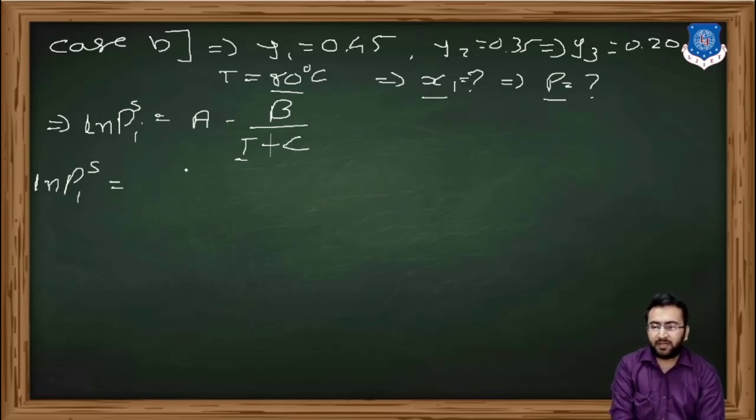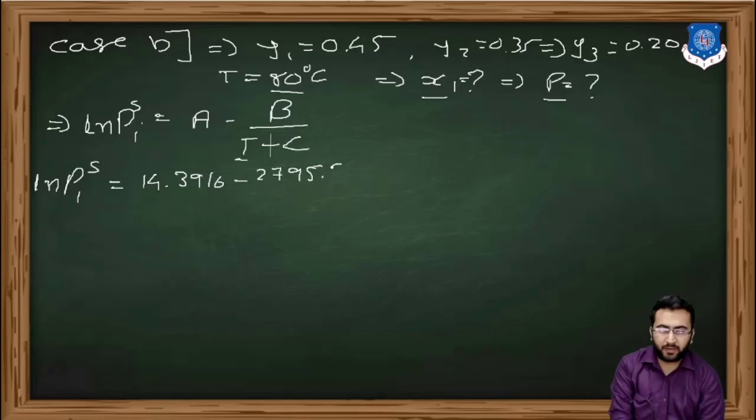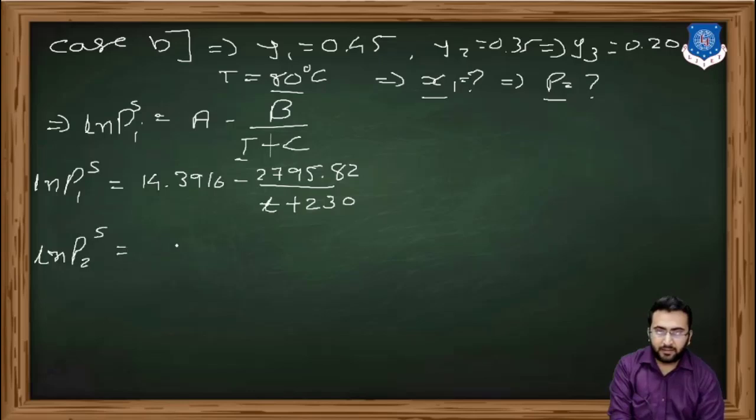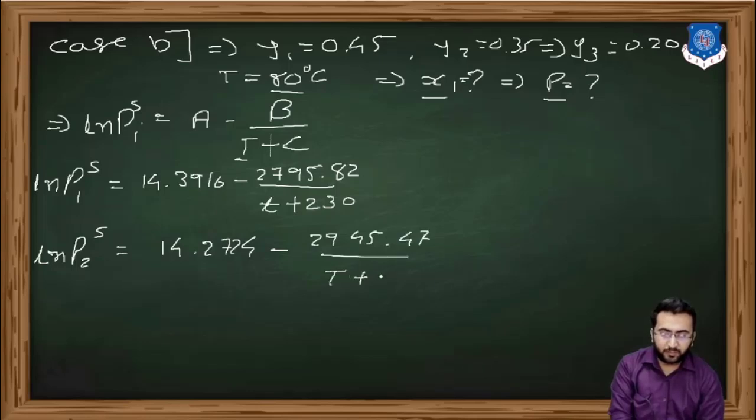So let's make the equation again for P1, P2 and P3. This equation becomes 14.3916 minus 2795.82 upon T plus 230 for component 1. Similarly, for P2 saturated, this equation becomes 14.2724 minus 2945.47 divided by T plus 224.